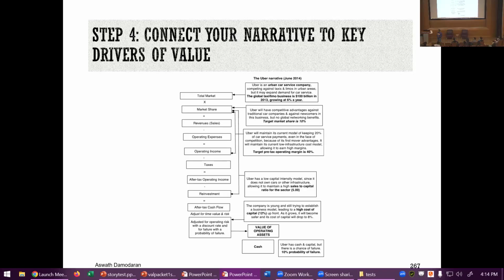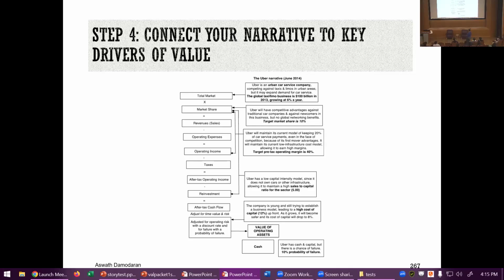Let's keep going on. I have my revenues. I need margins. What does Uber do? It's got a computer. It connects cars to customers. This is a high margin business. You should be able to get amazing unit economics on that 20% that you collect. So I gave them margins of 40%, reflecting their intermediation model.